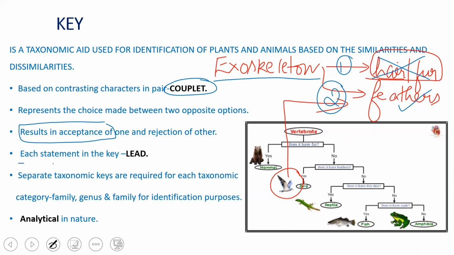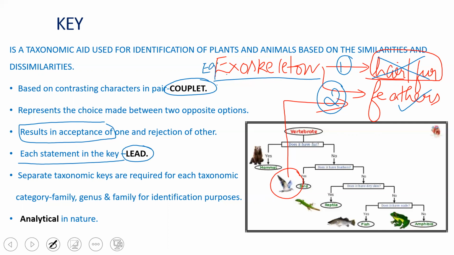Both these statements, whether accepted or rejected, are called lead statements. Out of these lead statements, one will be accepted and another one will be rejected. And these two statements form the pair of contrasting characters called a couplet. This is just one example which I've given.